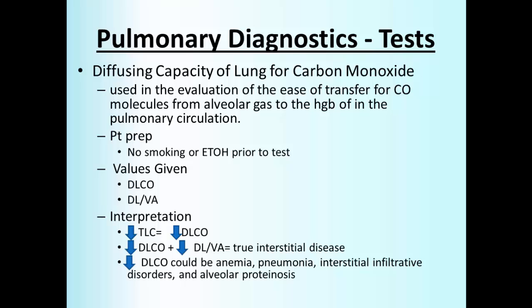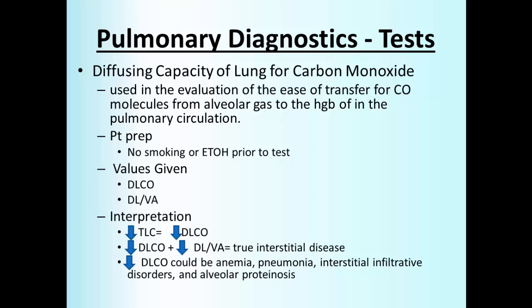A reduced DLCO and a reduction in the diffusing capacity of the lung to alveolar volume ratio suggest a true interstitial disease such as pulmonary fibrosis or pulmonary vascular disease. But a normal DL to VA may not be sufficient to rule out the presence of a parenchymal disease.